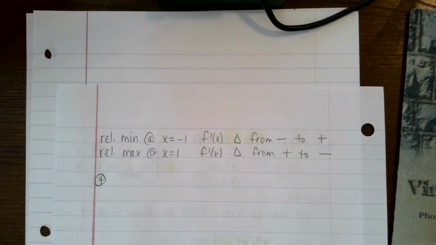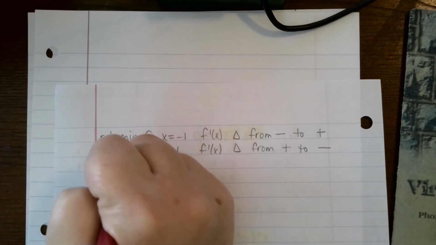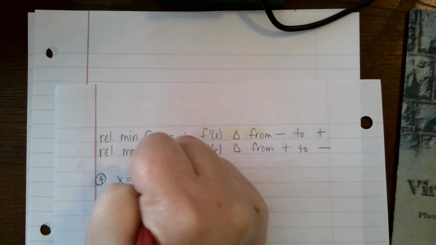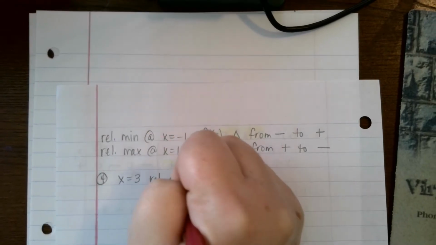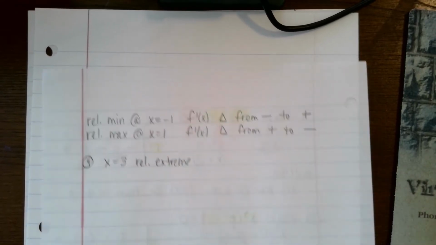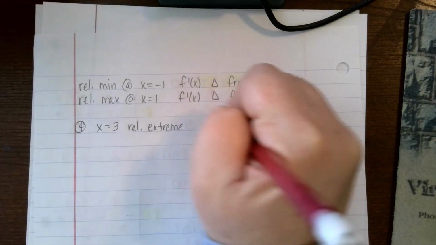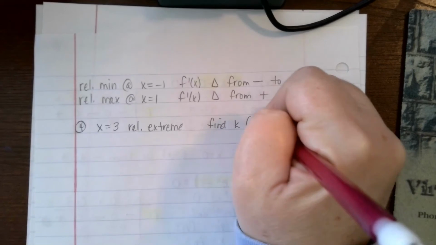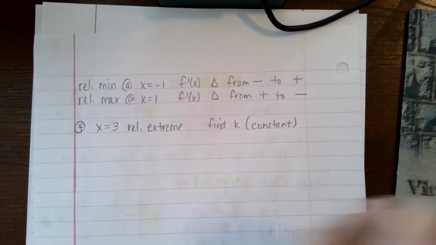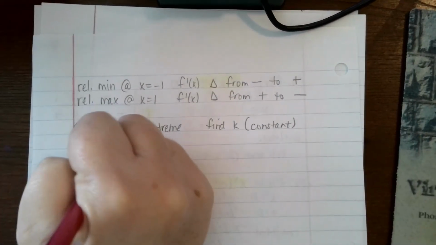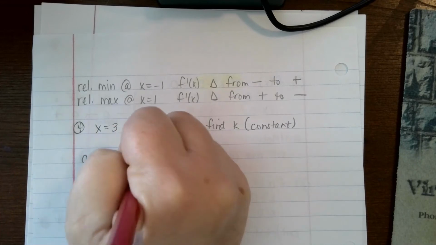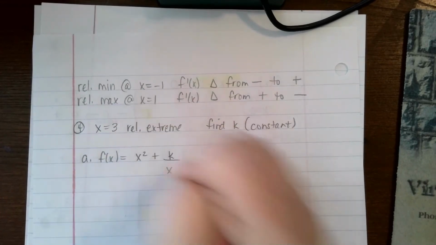So number 4 says, if x equals 3 is a relative extreme, which means we know that it's either a max or a min, they want you to find k. Now, k is just going to be some constant, so it's going to be some number. So let's look at a. f of x is equal to x squared plus k over x.